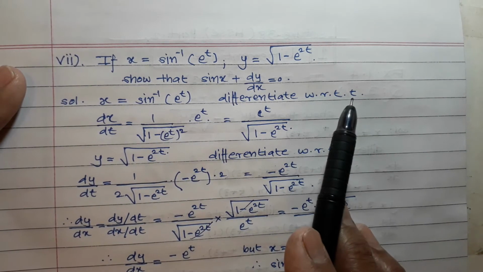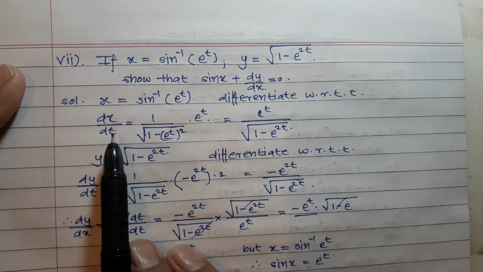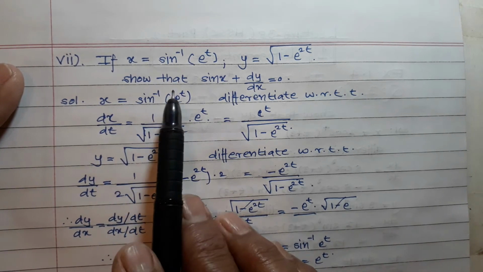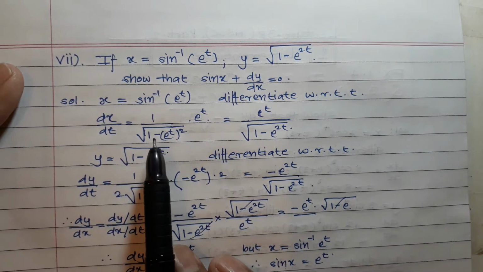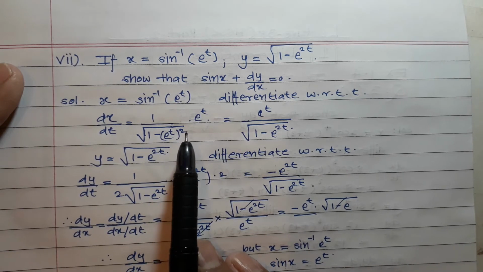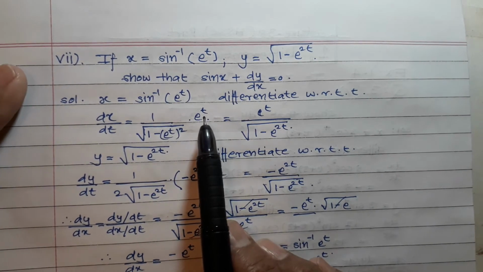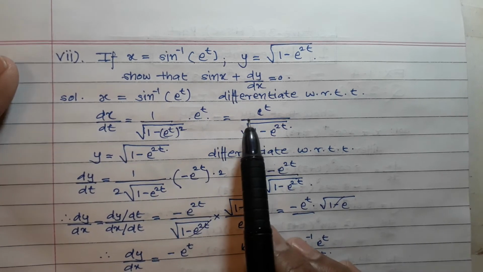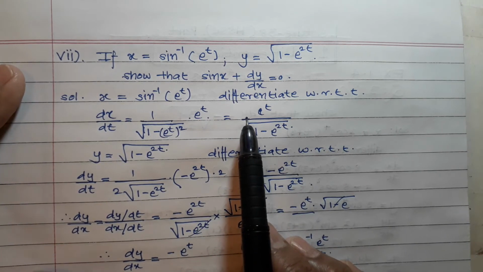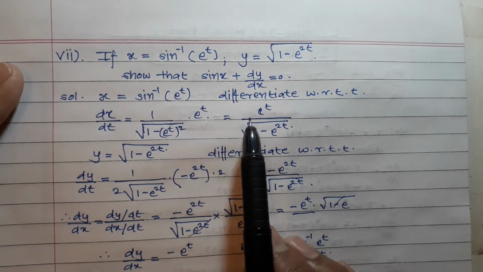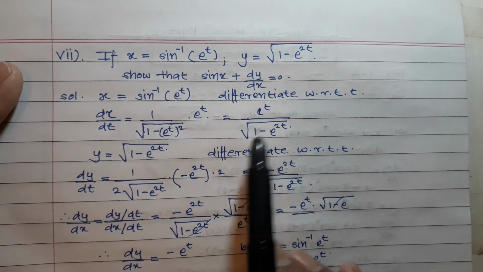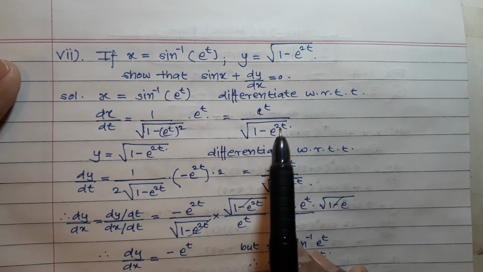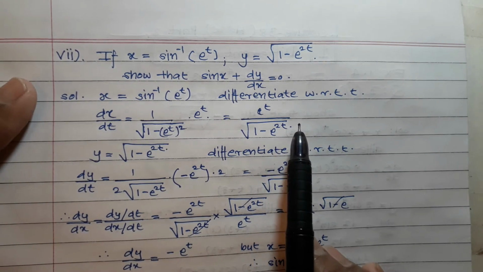Differentiate with respect to t. dx/dt is equal to the derivative of sine inverse, which is 1 upon root(1 minus (e^t)^2), and the derivative of e^t. So here, e^t upon root(1 minus e^(2t)).